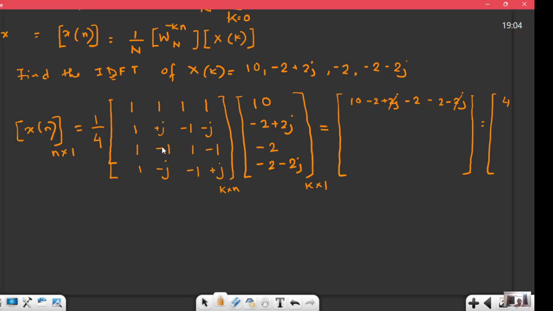Then for the second row, if you do this, you will get 10, then j into minus 2 is minus 2j, minus 2j, 10 minus 2j plus 2j square, so minus 2, and this is plus 2, and minus j into minus 2 is plus 2j, and minus j into minus 2j is 2j square, so it is minus 2.